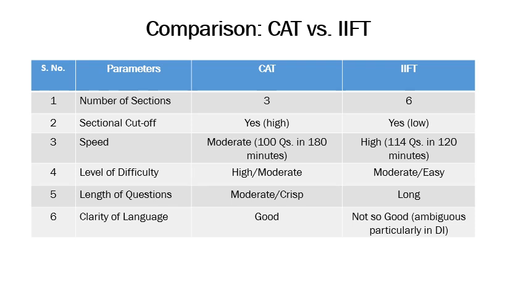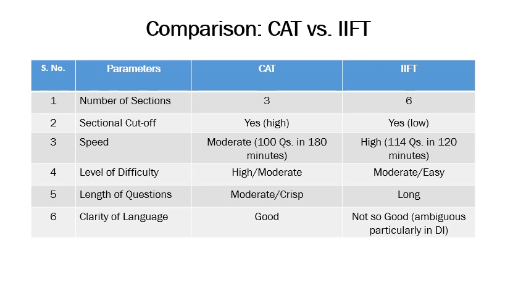Now, so far as level of difficulty is concerned, it hovers between high and moderate in CAT, while in IIFT the level of difficulty varies from moderate to easy. If you look at the length of questions, CAT questions are normally of moderate length, crisp, very easy to go through, read and understand, while IIFT questions are normally longer in length, and they take time to read, and patience, of course.